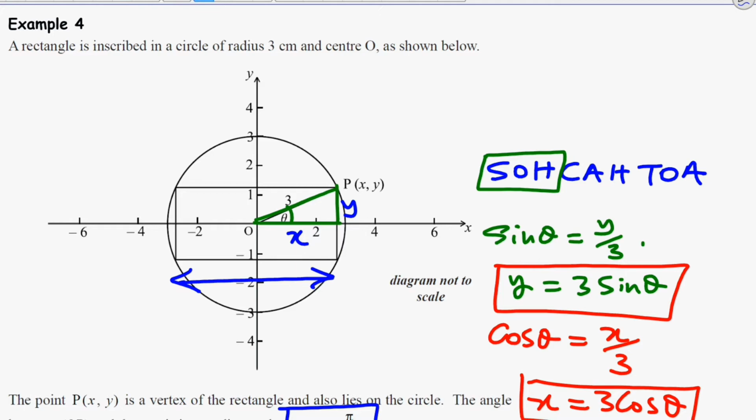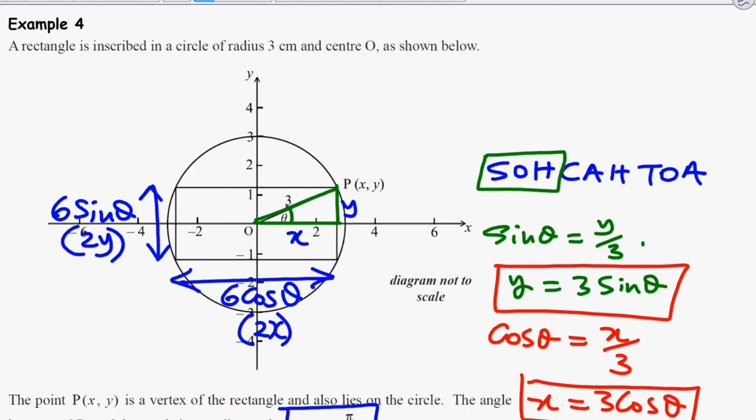Because x is 3 cos theta, this will be equal to 6 cos theta, 2 lots of 3 cos theta. Remember, this is 2x. And the height here will be 2y. And what is y? y is 3 sine theta. So this will be 6 sine theta, which represents 2 lots of y.